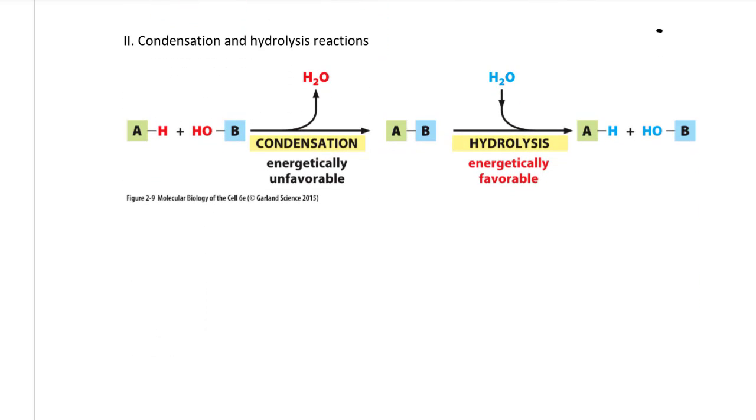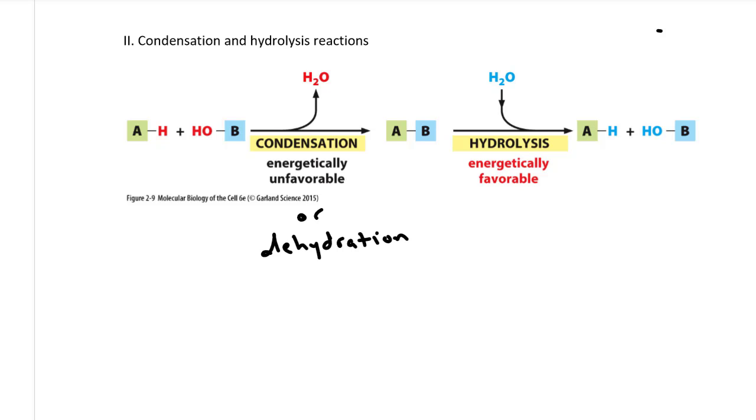Now, condensation and hydrolysis reactions. Most reactions in a cell are going to be of either one of these two types. It's either going to be a condensation reaction or a dehydration reaction. Either name works, they're interchangeable terms, condensation or dehydration, and hydrolysis reaction.